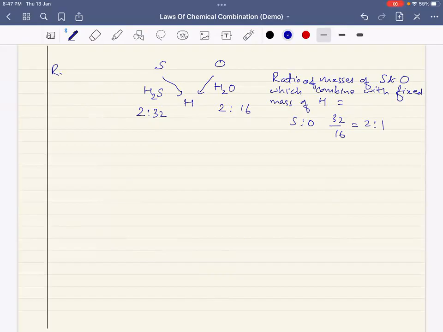Now the ratio of masses in which sulfur and oxygen themselves combine. If sulfur and oxygen combine, what will they form? They will form SO2, sulfur dioxide gas. So they will combine in the ratio of 32:32.